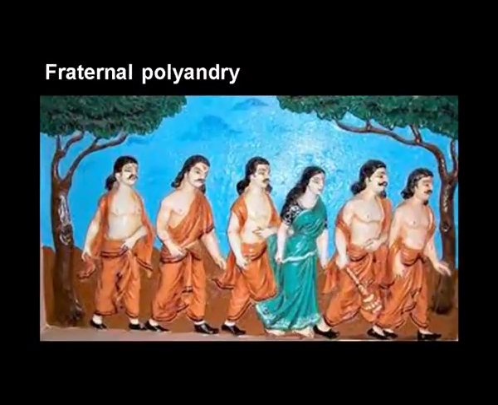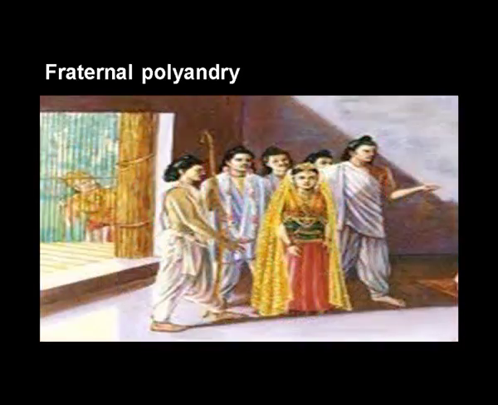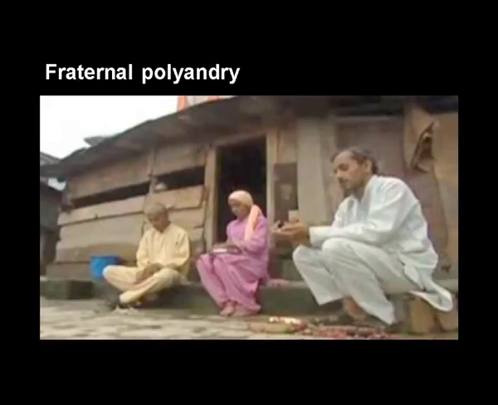Fraternal polyandry is used to refer to a woman marrying and becoming the wife of all brothers of a family. The children they beget are treated as the offsprings of the eldest brother.